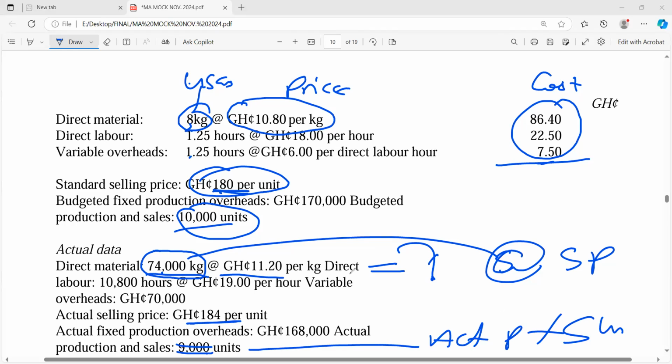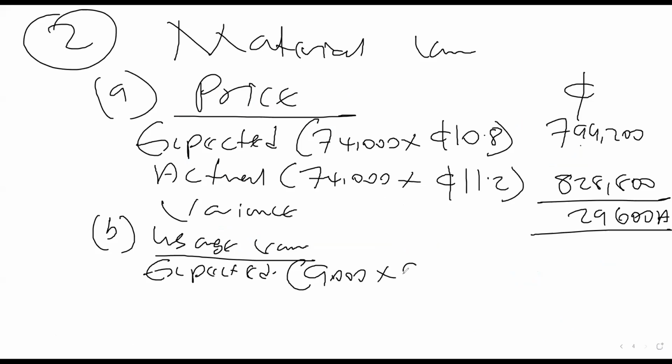9,000 units by 8 kg. The answer should be in kgs, so I'm expecting you to write kgs on top. What do you get? 72,000. So we should have used 72,000 kgs of material.